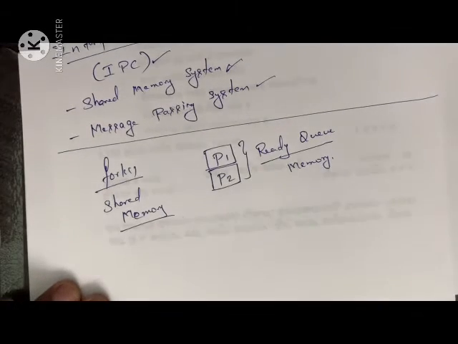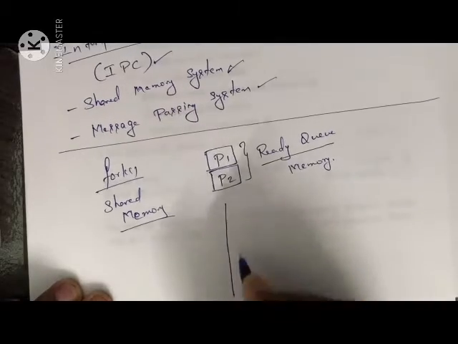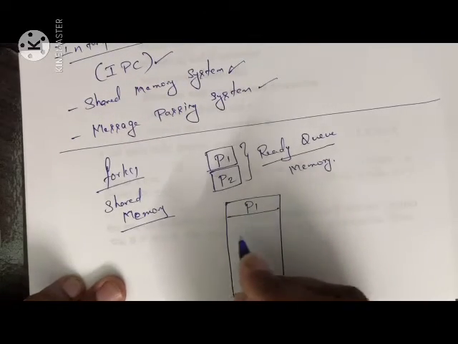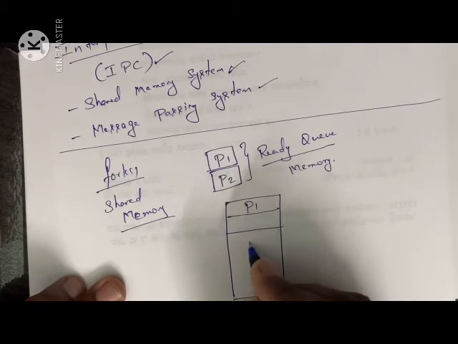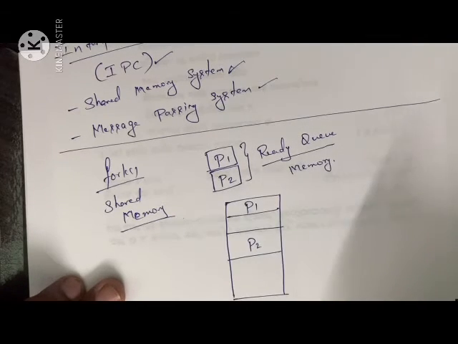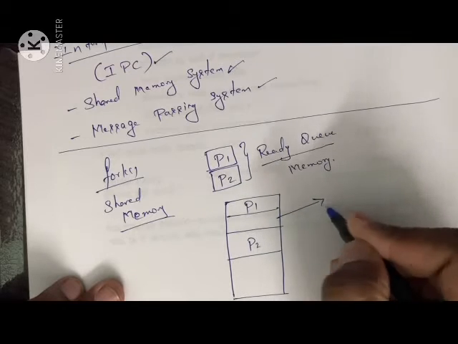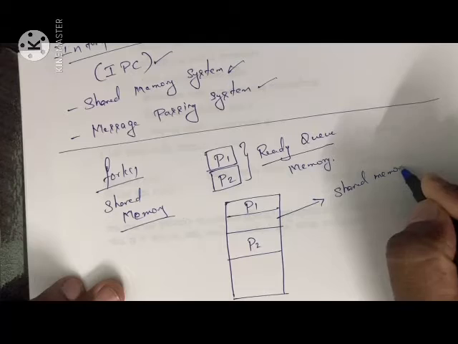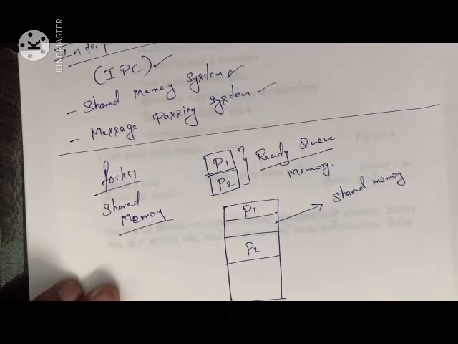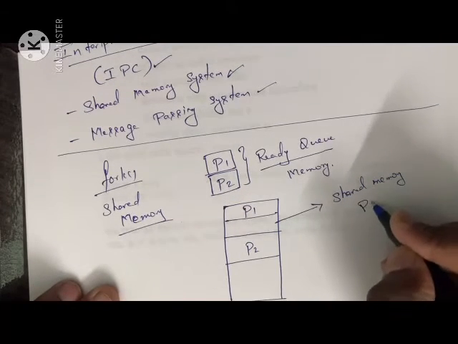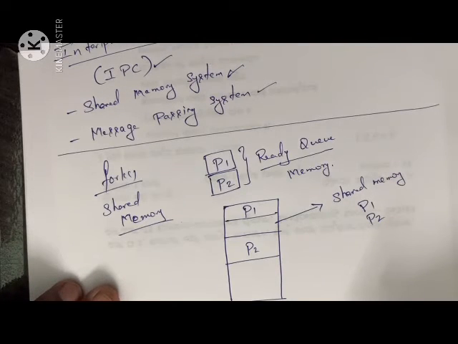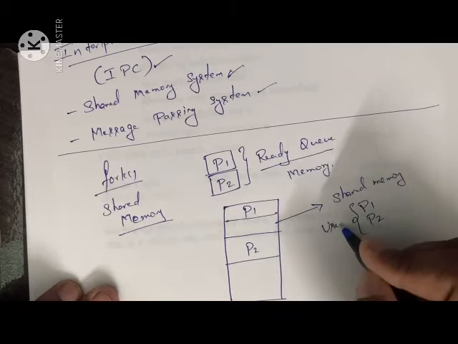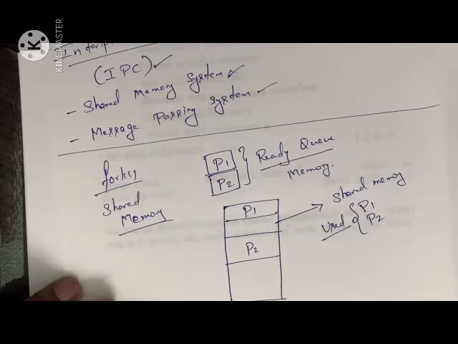So apart from these two processes, I have process 1, and we'll have some memory, and we'll have process 2. This memory that is in between is called shared memory. This memory will be used by both process 1 and process 2.